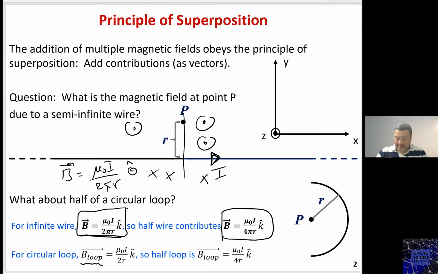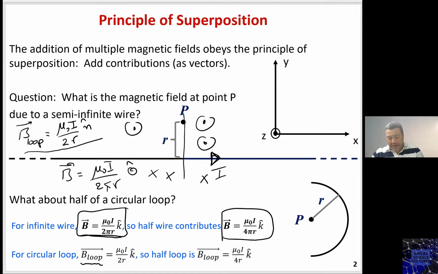Usually when we write the loop, we say that the magnetic field for the loop is mu naught I divided by 2r, where r here is the radius, and then we say n hat because we did not define the direction. So this is the general expression for the loop. The n hat here means it is perpendicular to the loop.